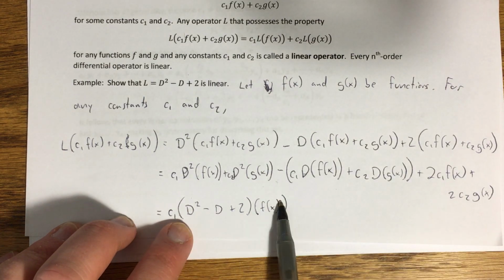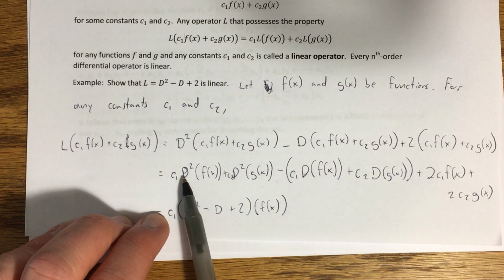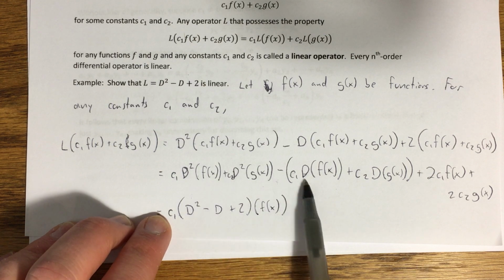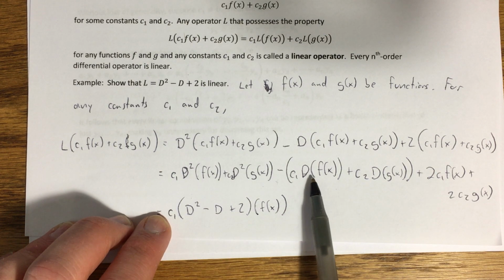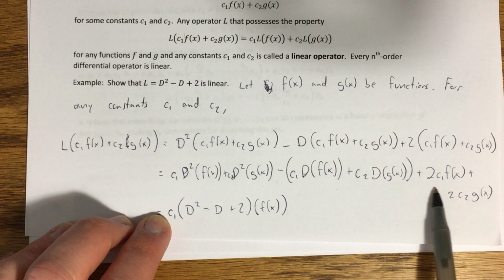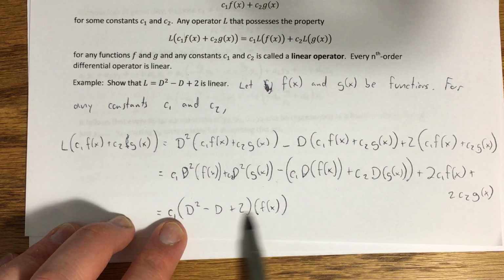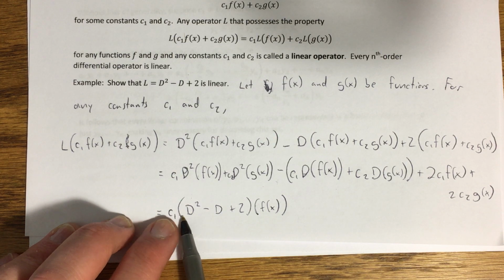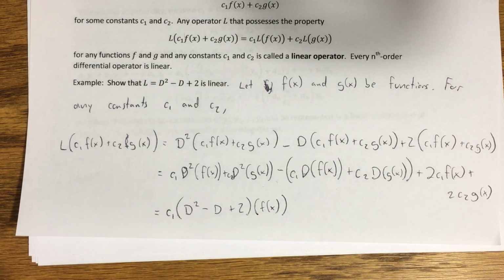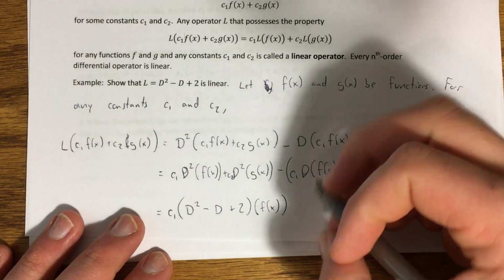And the reason I'm getting this is I can see that I have a c1 d squared of f of x here, I have a minus c1 d of f of x here, and I have a plus 2c1 f of x here. Using that differential operator notation, that's the same thing as this if I combine all of those terms. Okay, you can verify that.